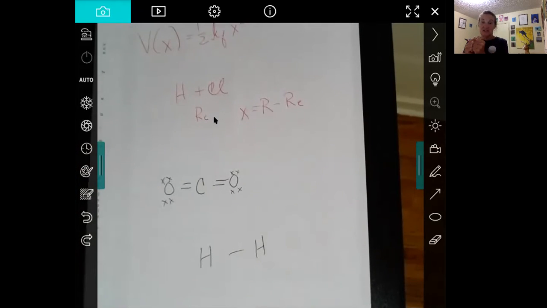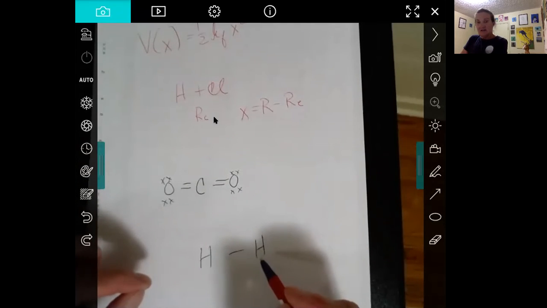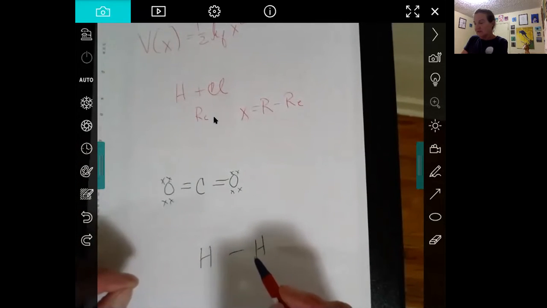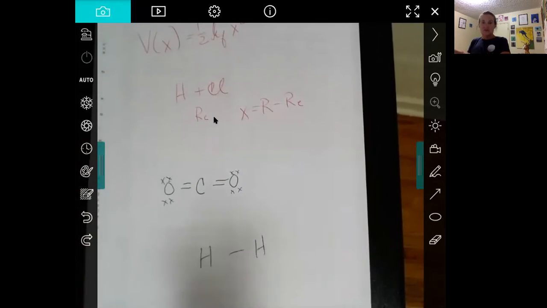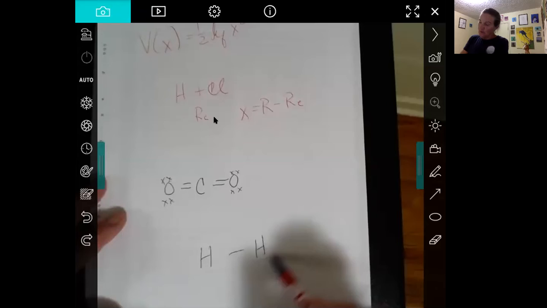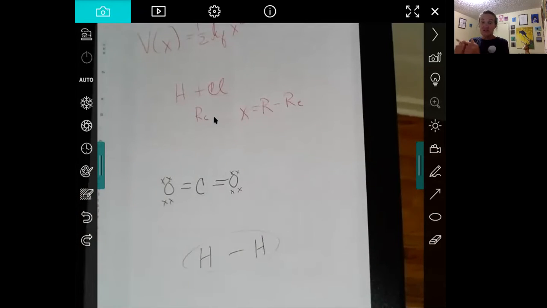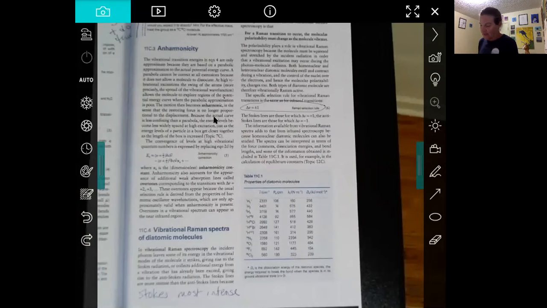The dipole moment doesn't change when it stretches, so it's not IR active. But as this gets longer and thinner, the polarizability goes down, so it's easier to distort the cloud. So the polarizability does change as the molecule vibrates, and you will be able to study it with Raman spectroscopy.